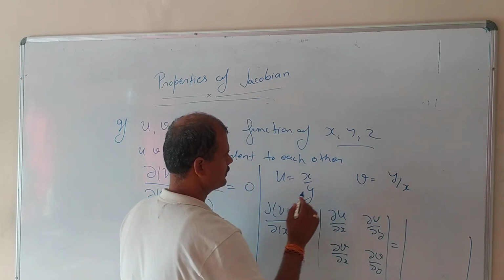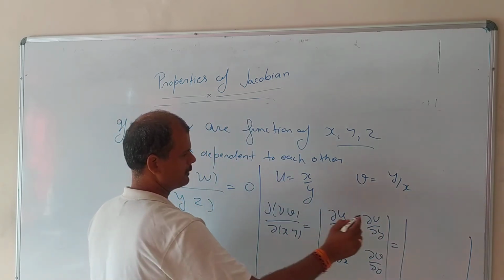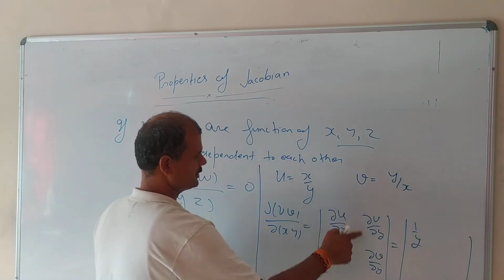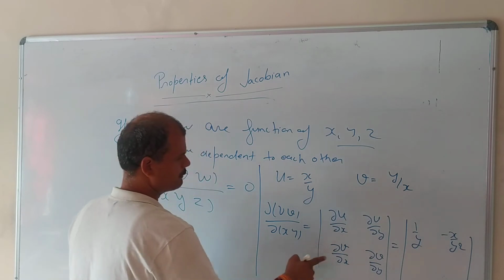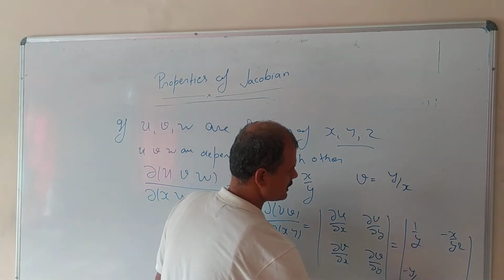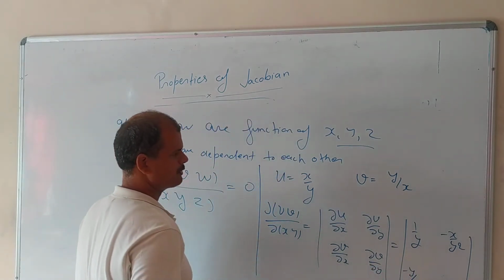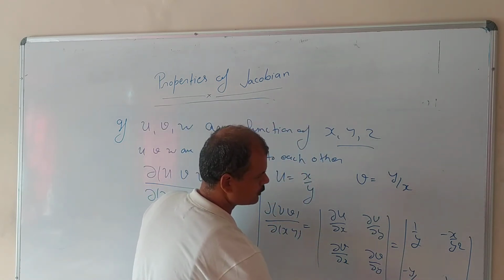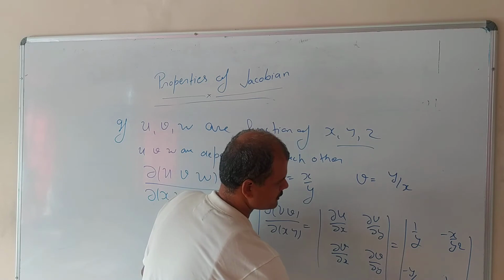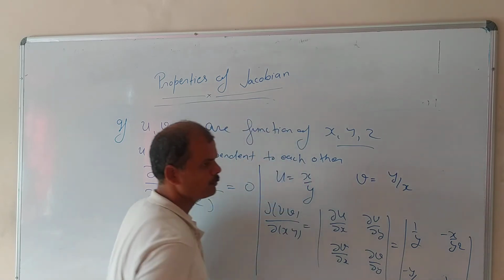So what is the Jacobian? Del u by del x will be 1 by y. Del u by del y means minus x by y square. Del v by del x means minus y by x square, and del v by del y means 1 by x. So if you see, 1 by xy minus 1 by xy is 0. So the Jacobian is 0.